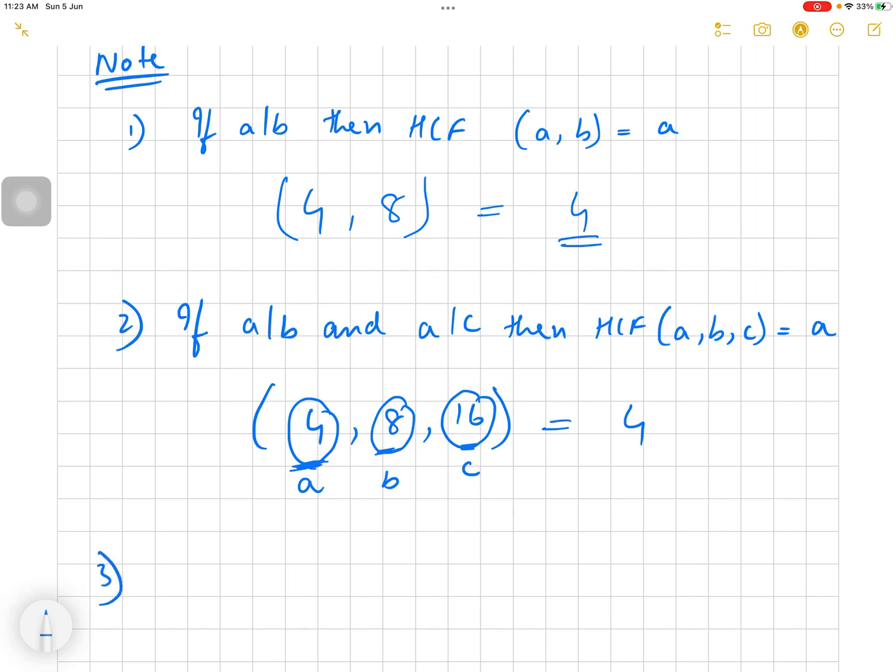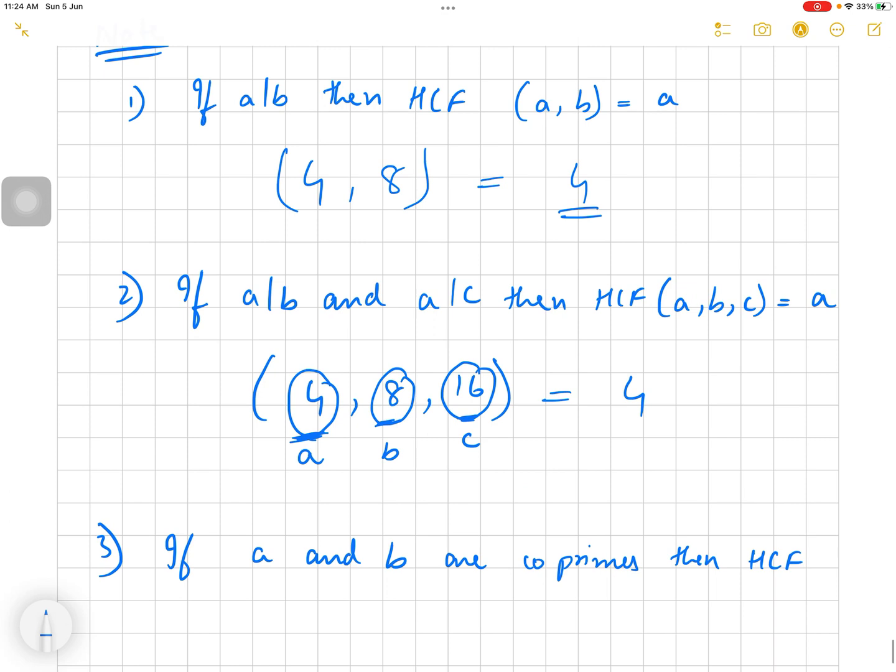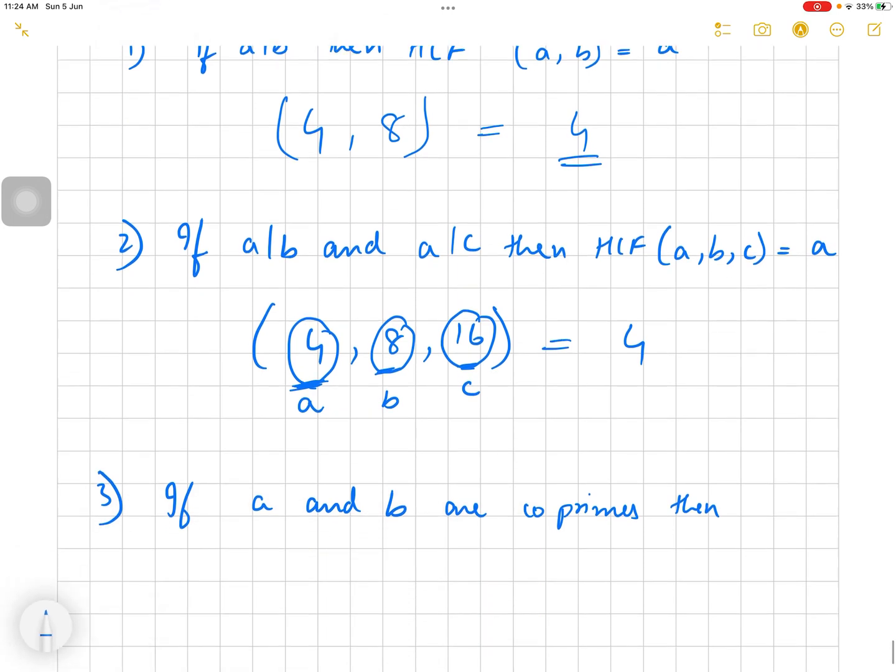Third note, if A and B are co-primes, then HCF of A and B is equal to 1.